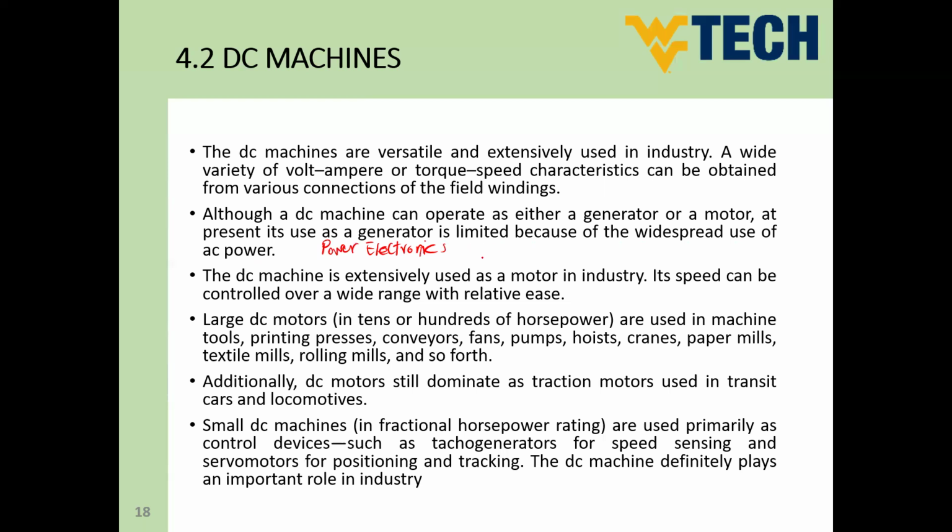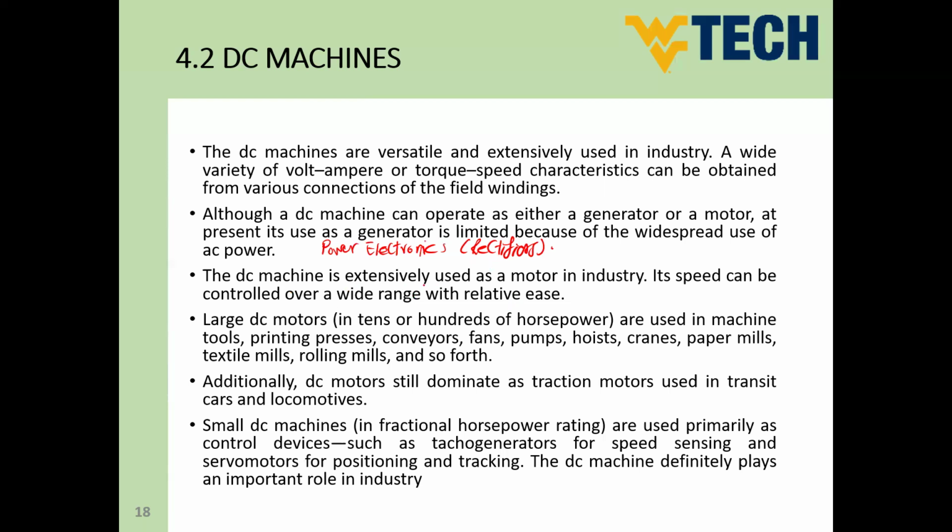So we don't need DC generators anymore. We can say that DC generators are obsolete. They're not used anymore in industry because it's very easy to have DC power from power electronics that have the name of rectifiers. Rectifiers can convert AC power to DC power and use it in industry. This is much better than having a DC generator in terms of efficiency, size and everything.